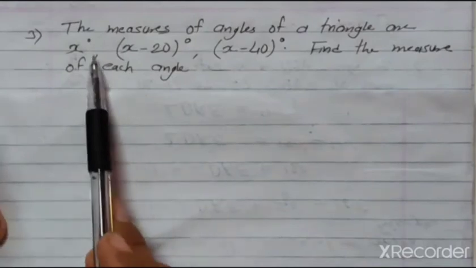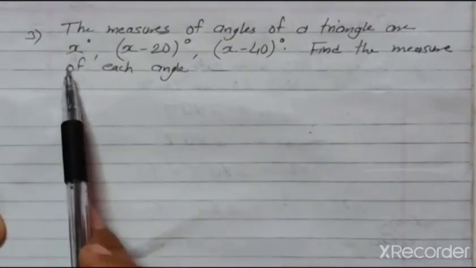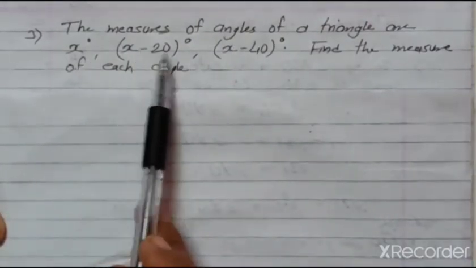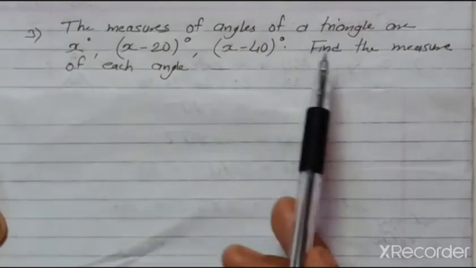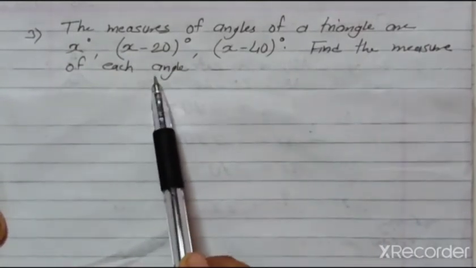Question number 3. The measures of angles of a triangle are given in the form of x. Find the measure of each angle.